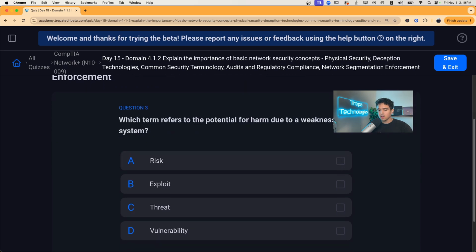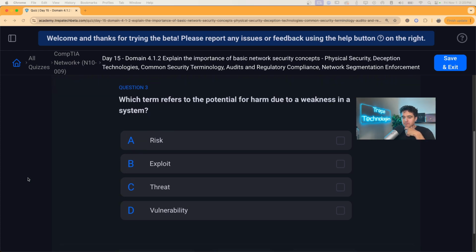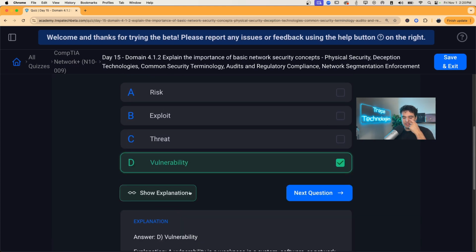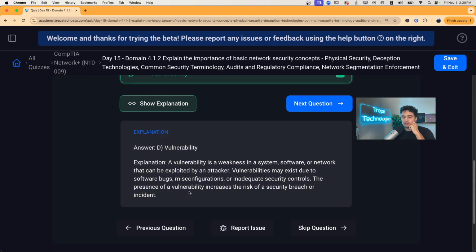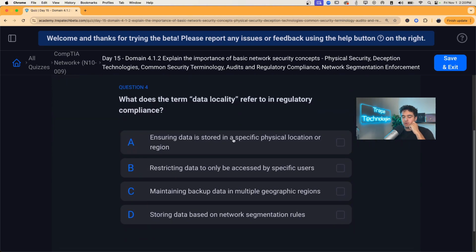Question 3. Which term refers to the potential for harm due to a weakness in a system? That is going to be a vulnerability. That is vulnerability. So there's the explanation. Question 4.